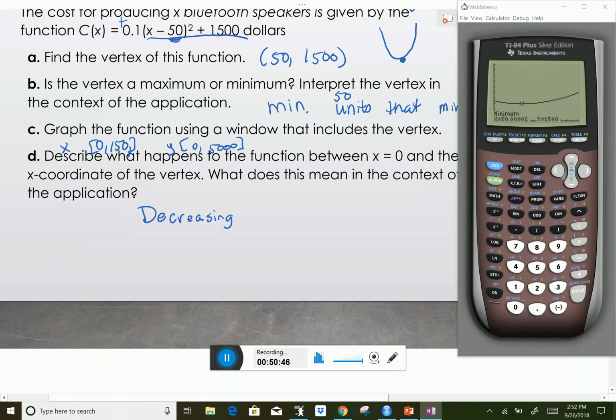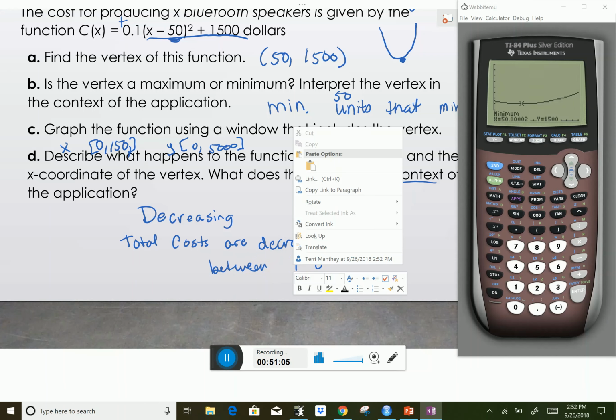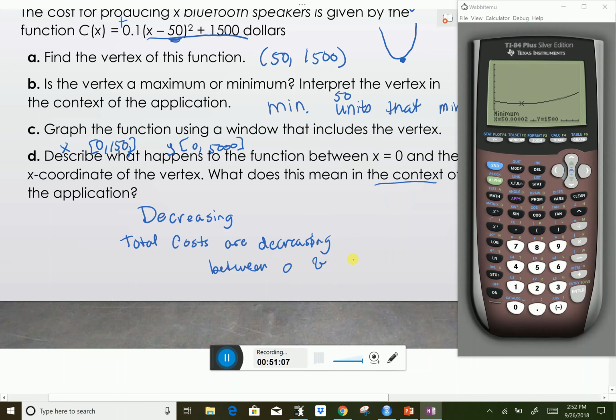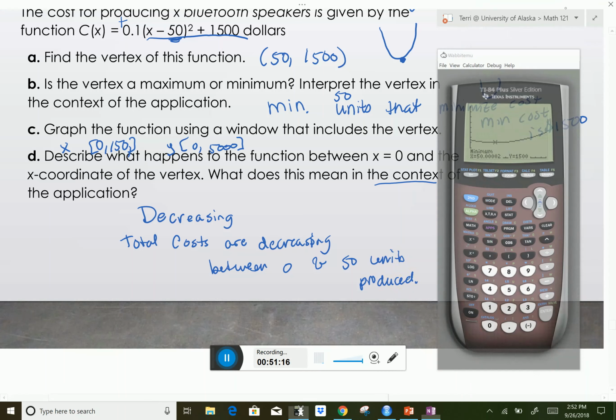And what that means in the context of the problem is that total costs are decreasing between 0 and 50 units produced.